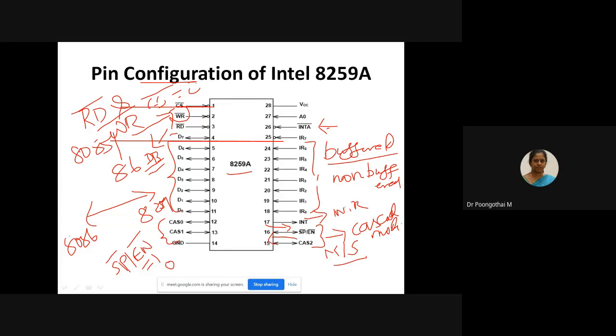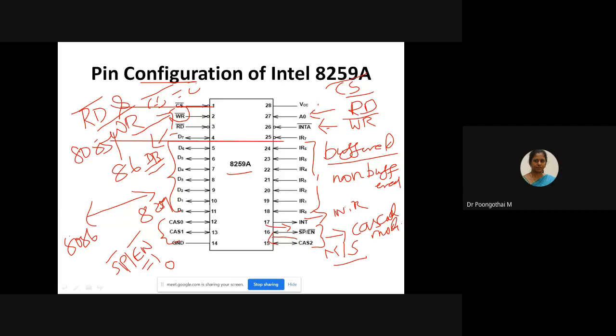And the next one is the A0 address line. This pin acts in conjunction with read bar and write bar for device selection, chip select. So mainly for device selection. It is used by 8259 to send various command words from the CPU and also to read the status.